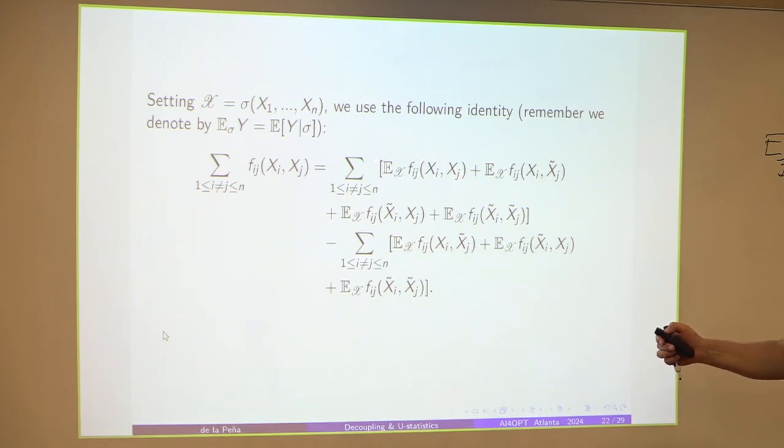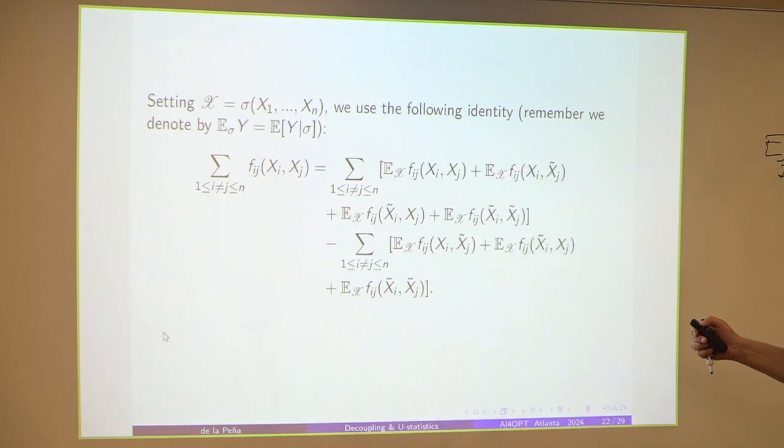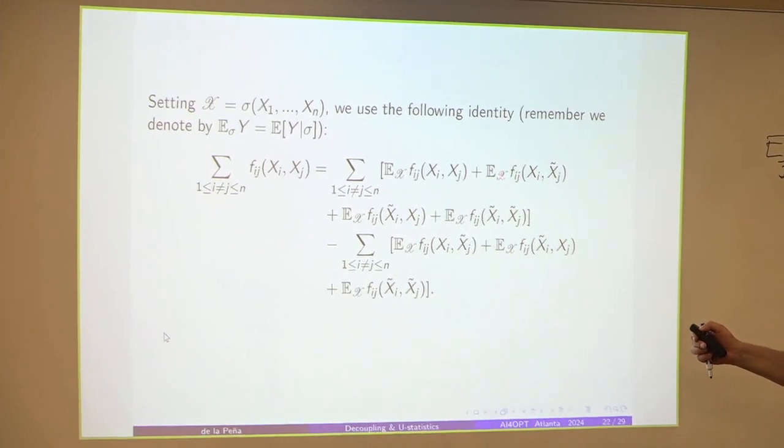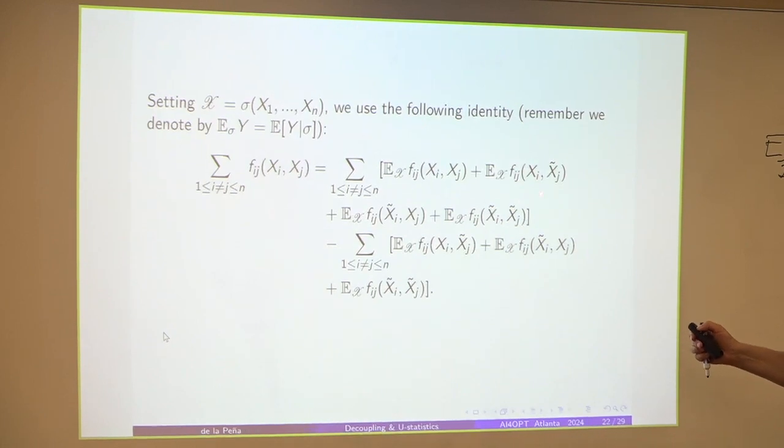So you're starting with this, with the function of xi, xj, which is what you have here, and then you are adding the conditional expectations with tilde xj and f of xi tilde xj tilde. So this is a symmetrization identity.